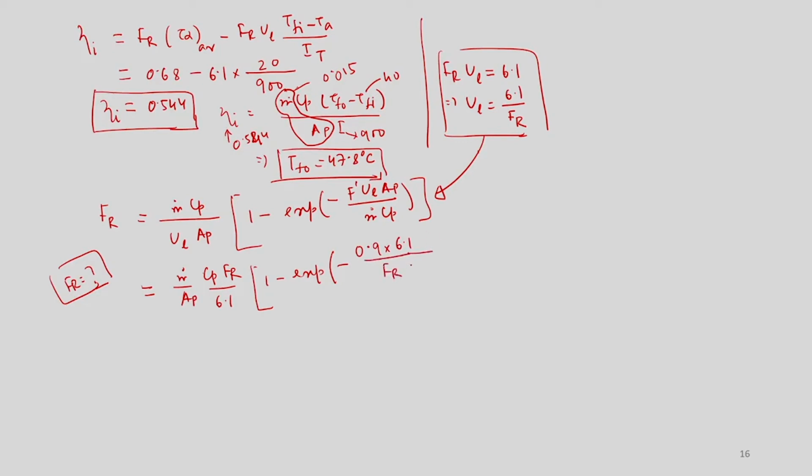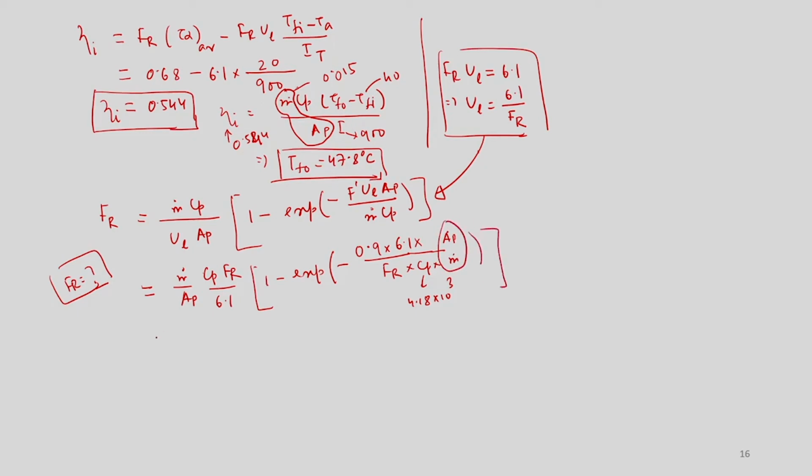And the CP value is known. CP is nothing but 4.18 into 10 to the power of 3, multiplied by M into CP. So, these values are also known to us.